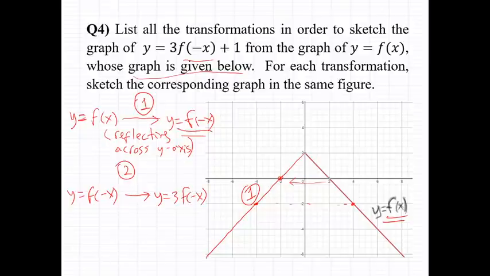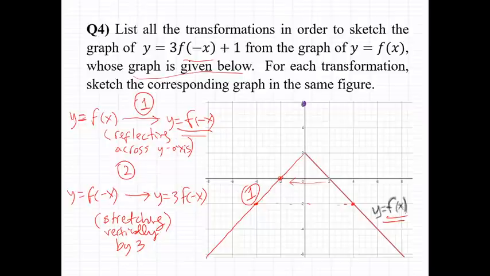Now this one becomes 3 times f of negative x, and this is stretching the function vertically by 3. Vertical by 3 means, like if you have 2 in the y value, then you will get 3 times the y value.